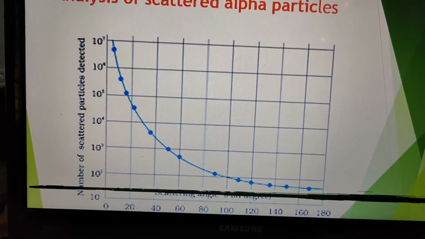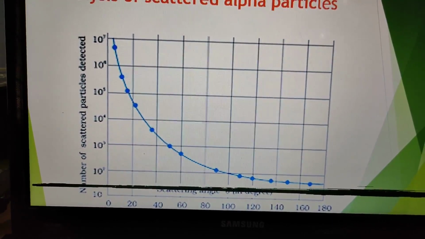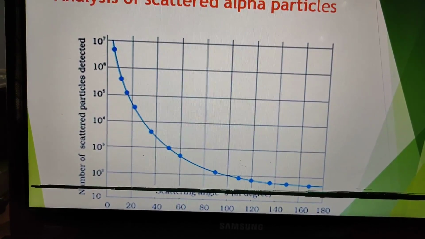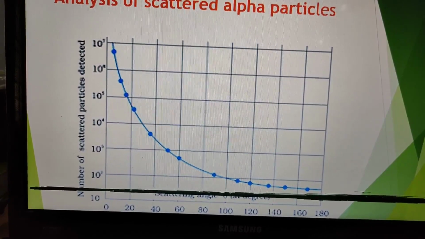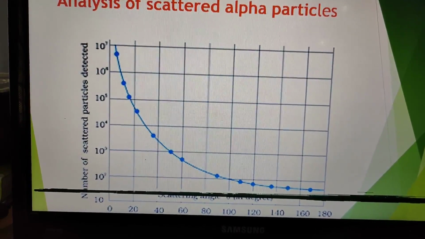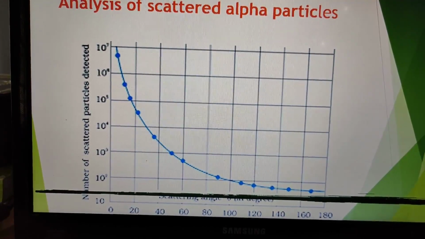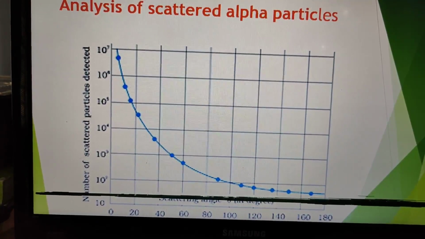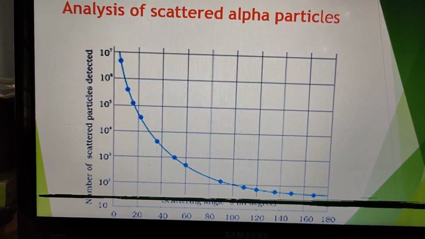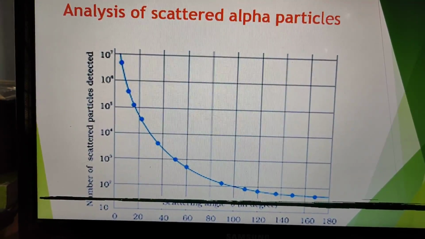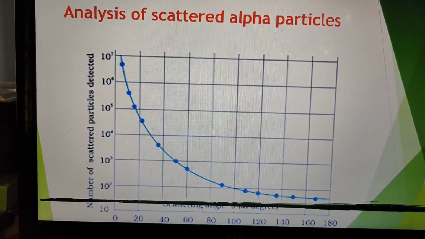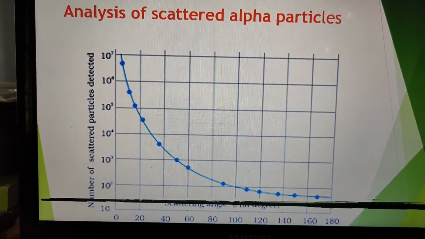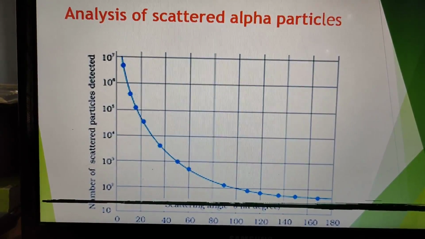So this shows that when theta is very large, the nucleus of the gold atom should repel the alpha particles. Only then does theta become 180 degree, and theta 180 degree means that the alpha particles are retracing.